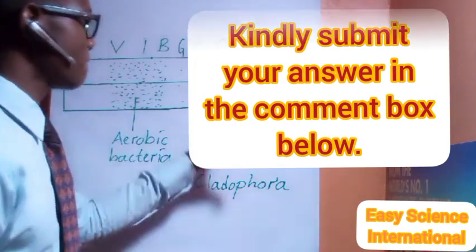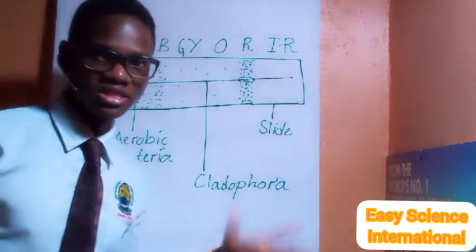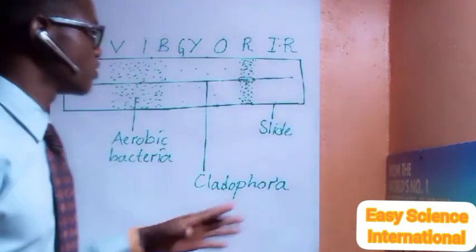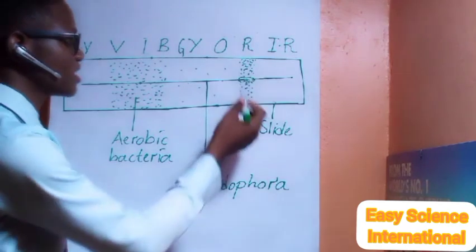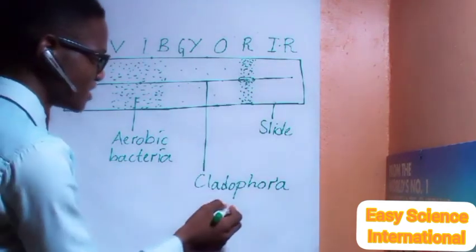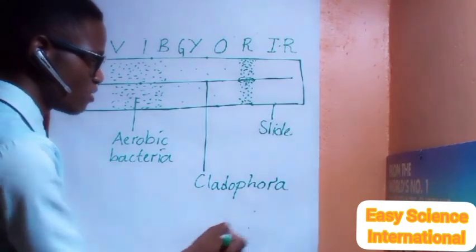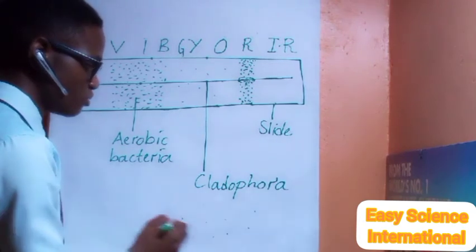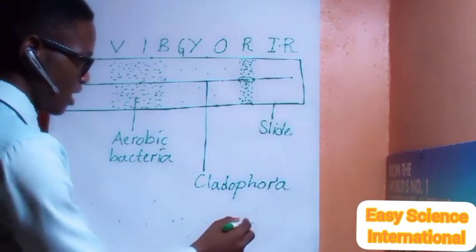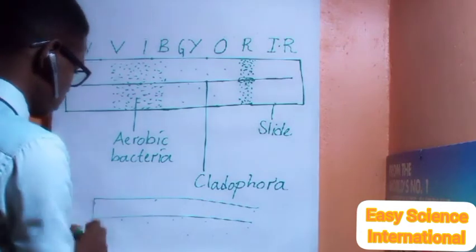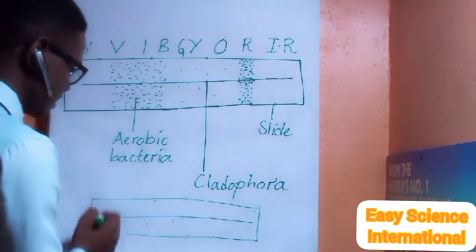So basically, this is what happens. In total darkness, you will find that these bacteria are just randomly distributed along the slide.